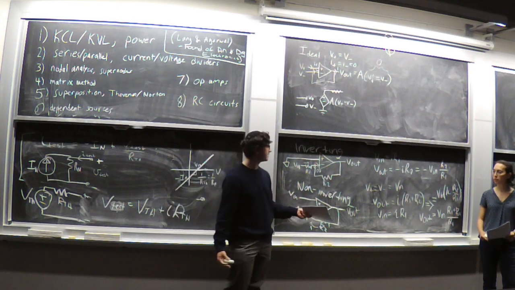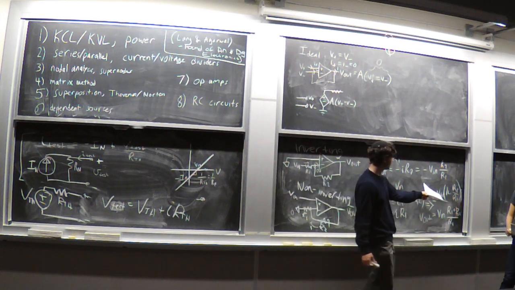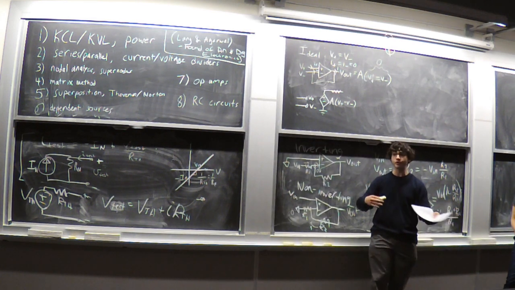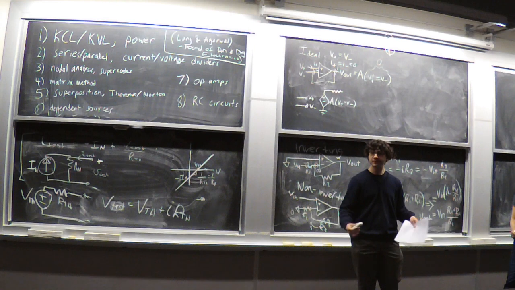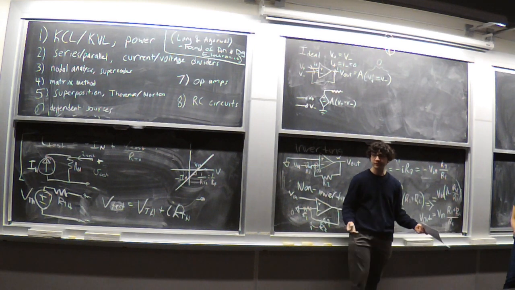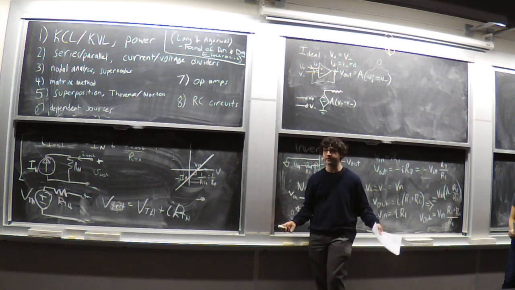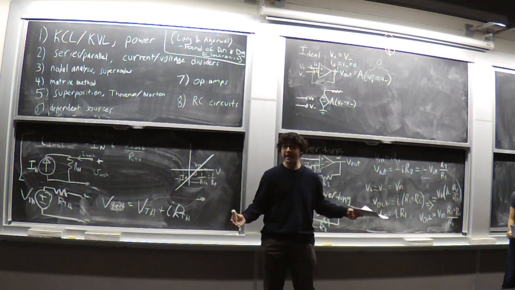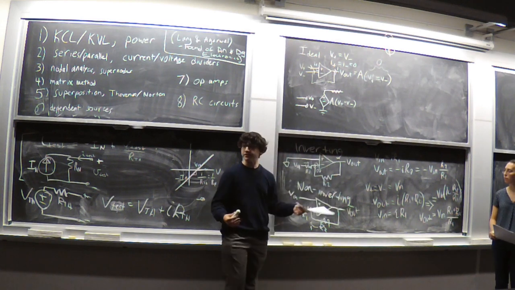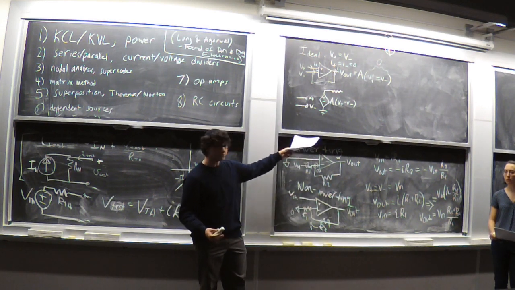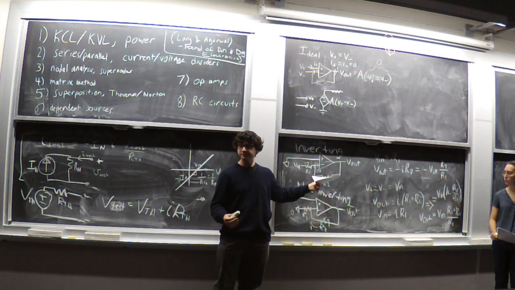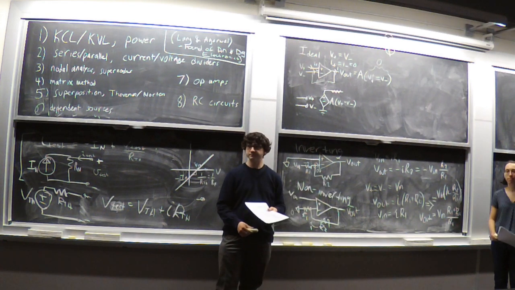Sometimes you'll get this, but plus 1 over A or something like that. If A were infinite, that would be 0, and we'd get exactly what we wanted. If A were 1,000,000, we would be off by 1 over 1,000,000. But yes, we could give you a model like this, and you'd have to solve it using A, not just the model we've given.